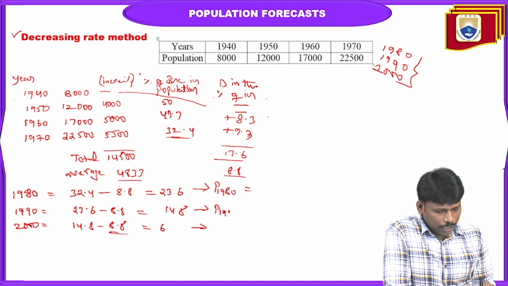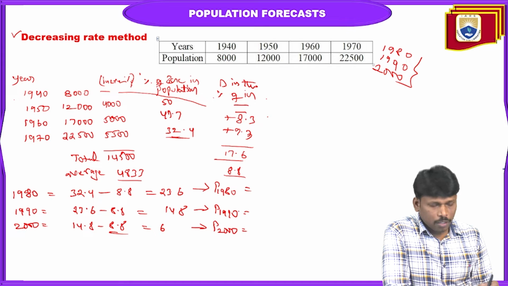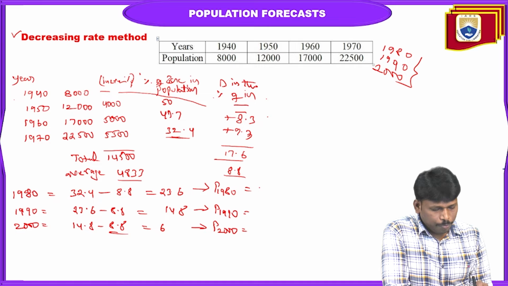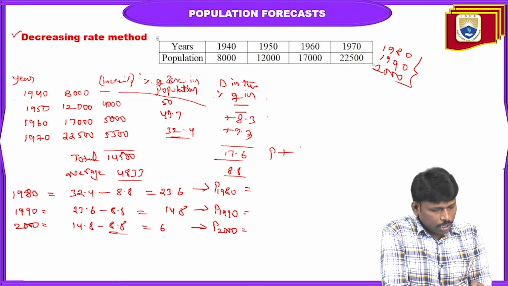population in 1990, population in 2000. So here a small calculation is required. It is simply the population plus the obtained value for each year.